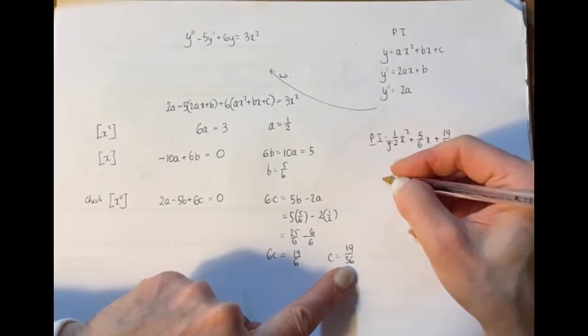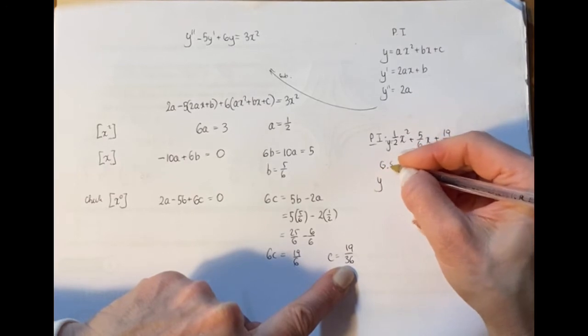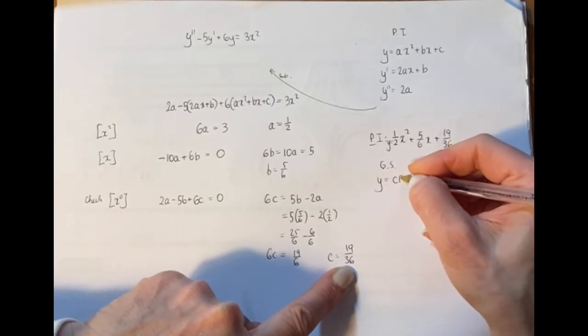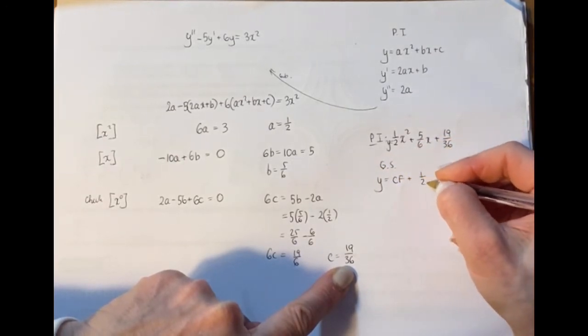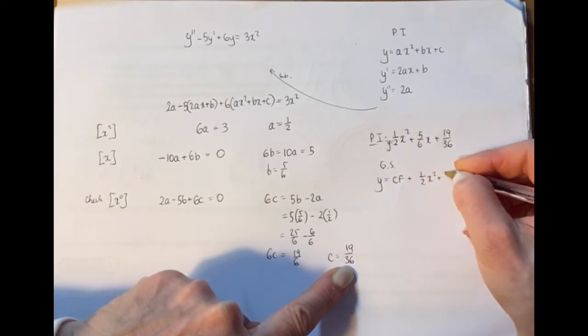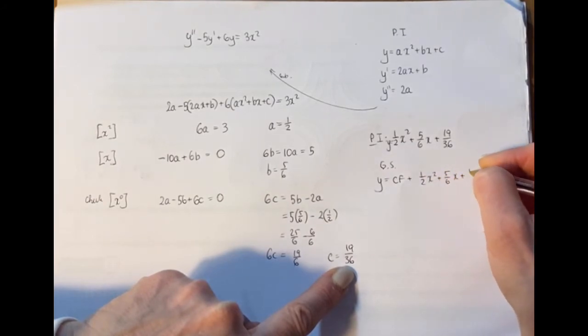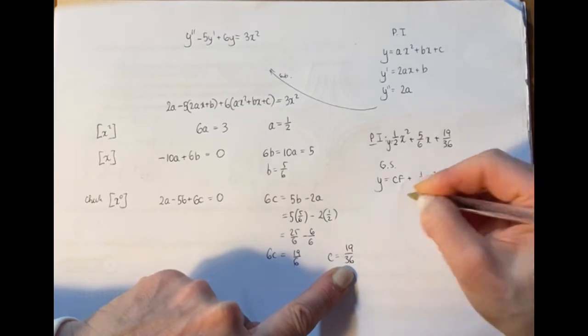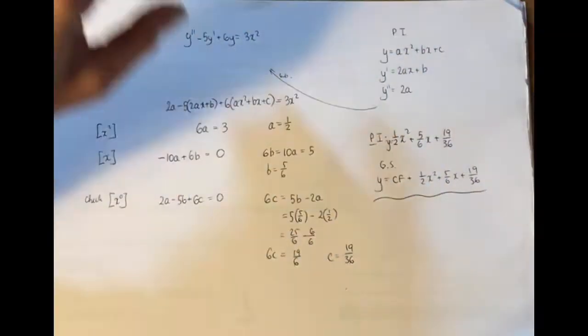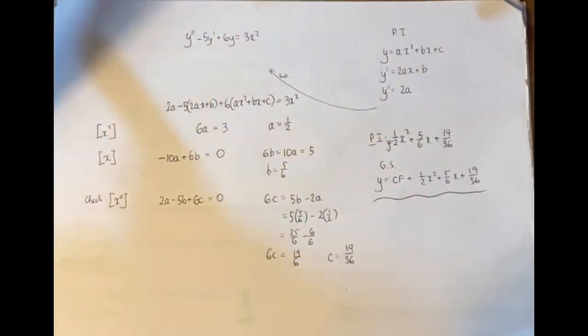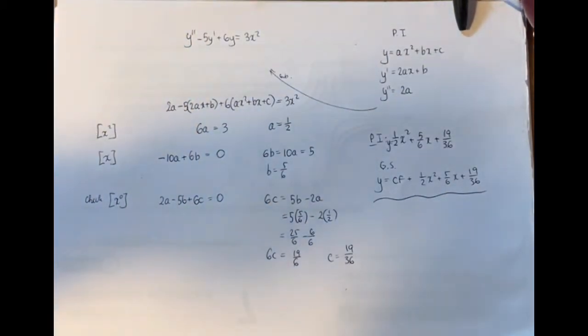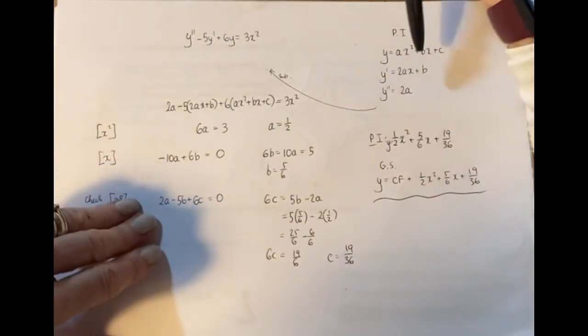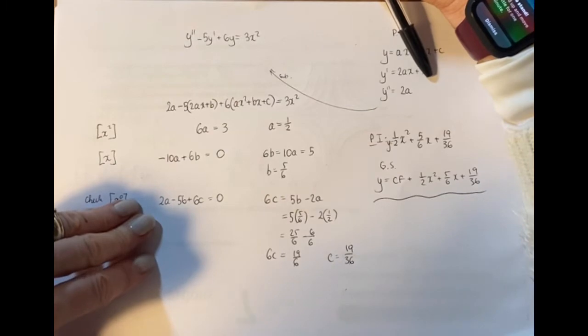So that would be the particular integral, and the general solution would be whatever the complementary function is plus the right hand side of that particular integral added on to the complementary function. So there you go. This was example 11c.